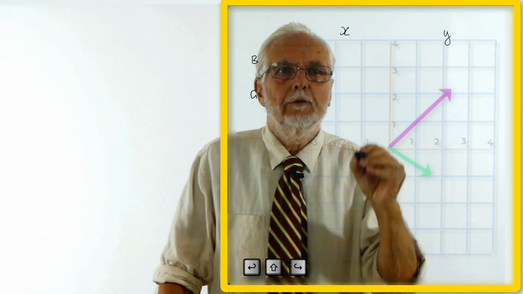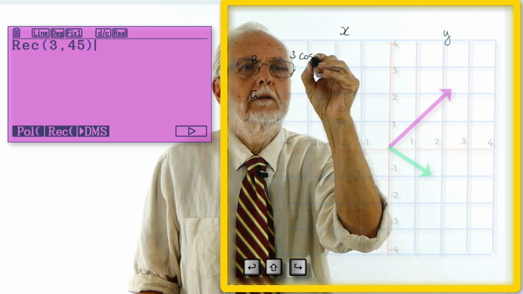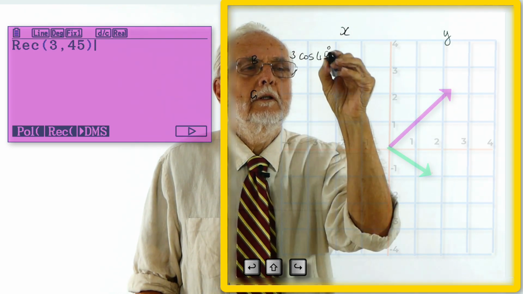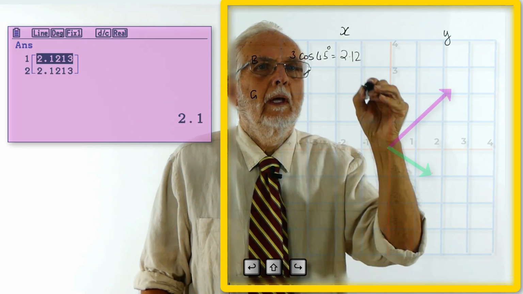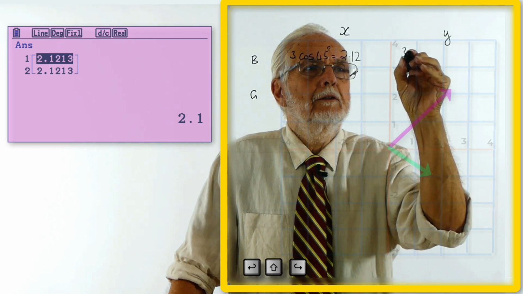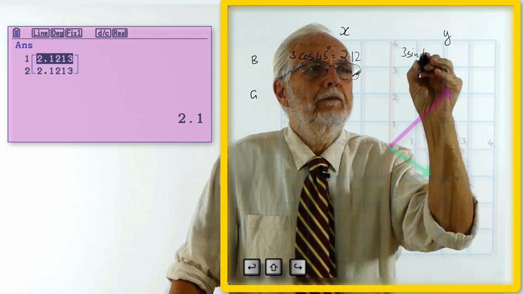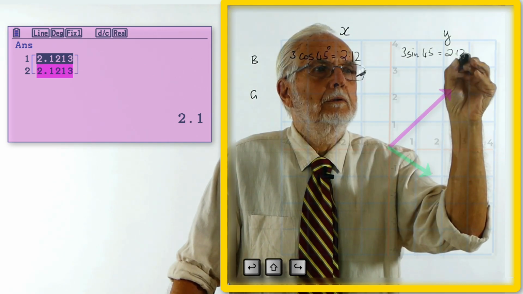So the x value of the blue vector will be 3 cos 45 degrees, which will be equal to 2.12. And for the y value, we'll have 3 sine 45 degrees, which will also be equal to 2.12.